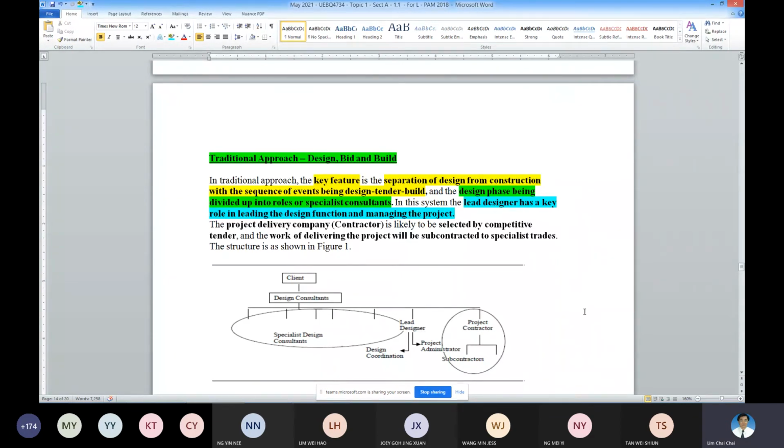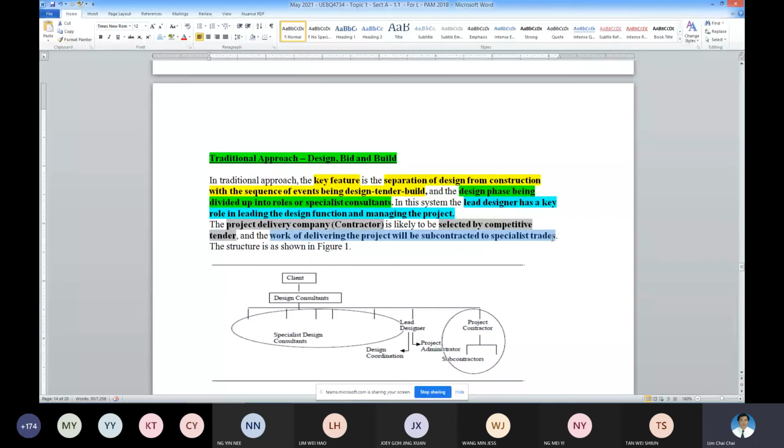And then the delivery is usually by the contractor, separate from the design partner. After the tender is ready and successful, it is given to the successful contractor. The successful contractor is selected after competitive tendering, and then the contractor will deliver the project with the help of specialist contractors or other subcontractors.